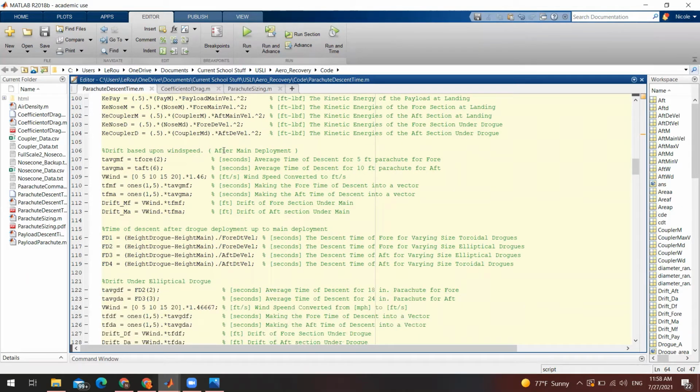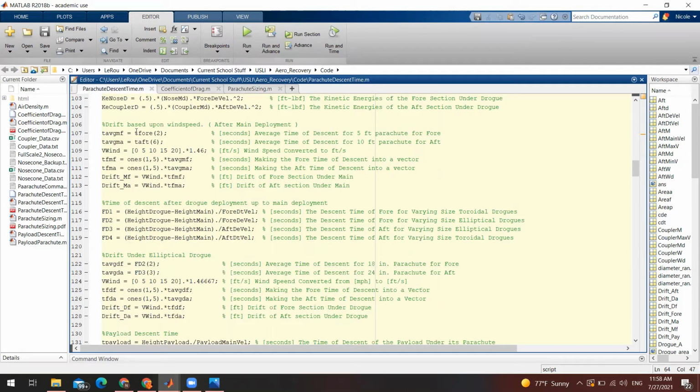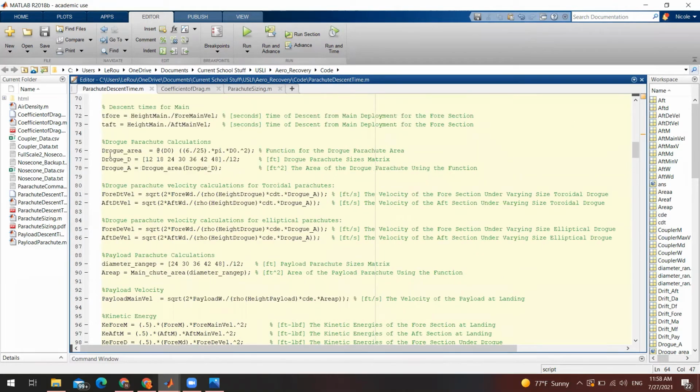To find our drift, that's based on wind speed. The requirement from the competition was a wind speed of 0 to 20 miles per hour. This is a calculation that was done after these ones have been done. You can see here I used T42, which is up here, the time of the fore section.